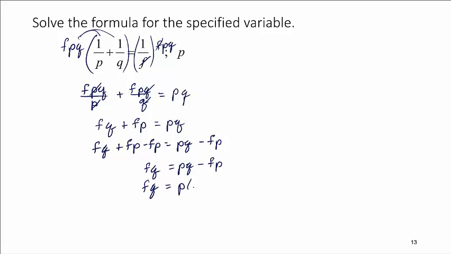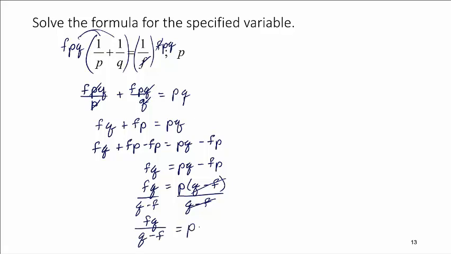I'm going to factor out a p. And now I do have p times something, so I'm going to divide by that q minus f, what p is being multiplied by there. Okay, so that goes away, and we'll end up with FQ divided by q minus f equal to p.